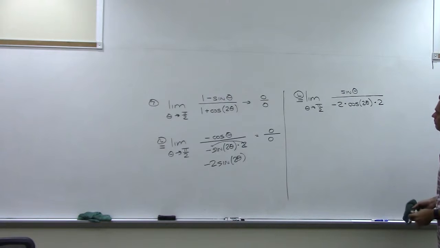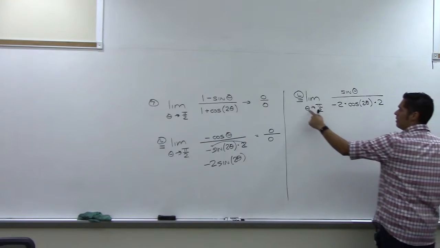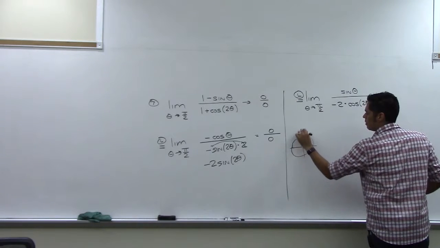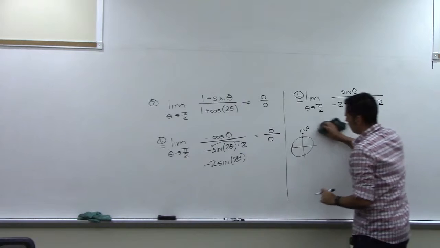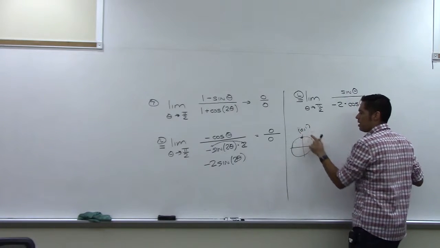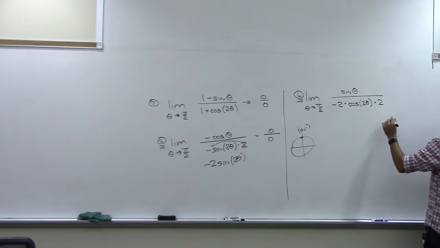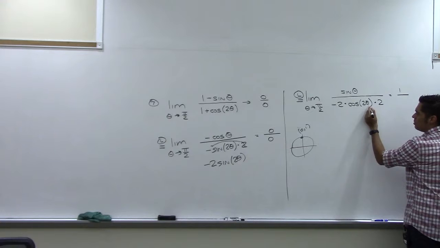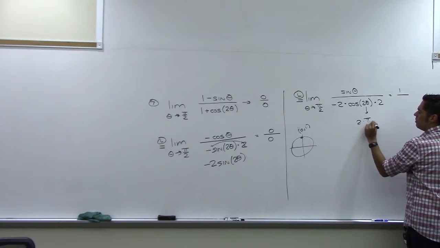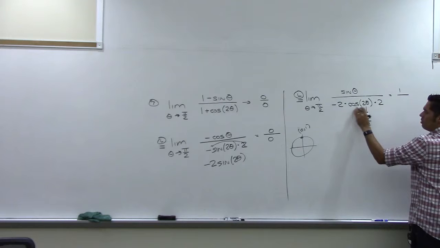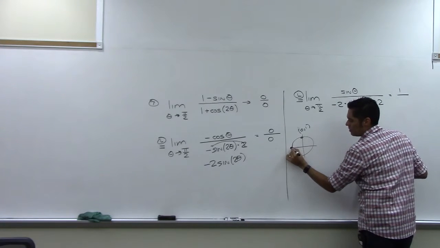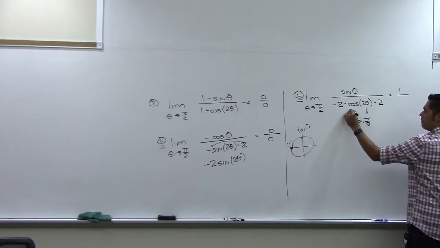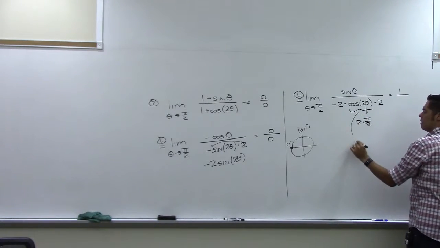And now I try again. So if I let theta go to pi over 2, sine of pi over 2, sine is the y-coordinate, so this is just going to be 1 over cosine of 2 times pi over 2. 2 times pi over 2, we've done this several times now, it's just pi. Cosine of pi is the x-coordinate, that's -1.